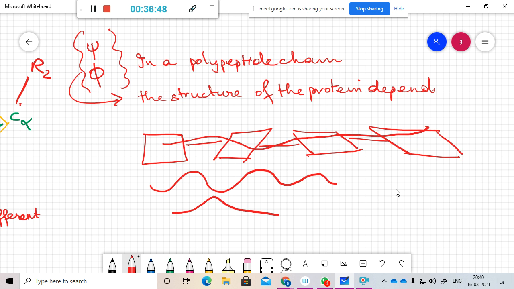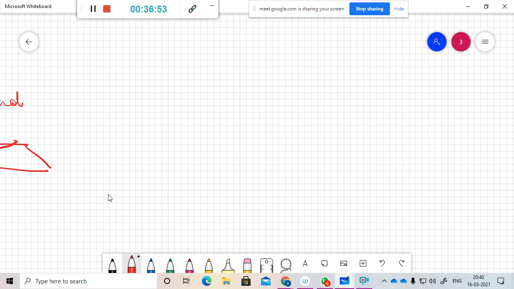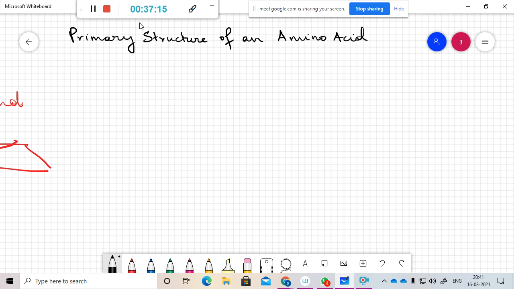So now we go to what is the primary level structure of a protein.